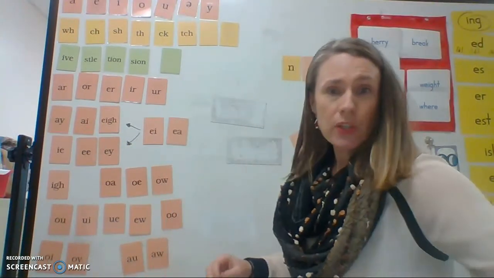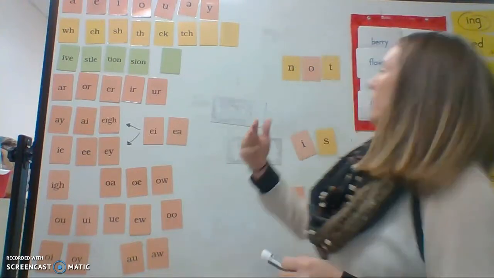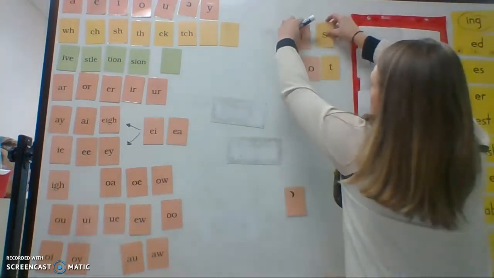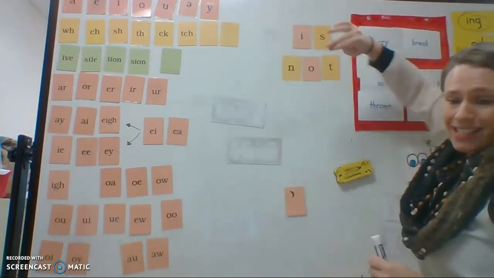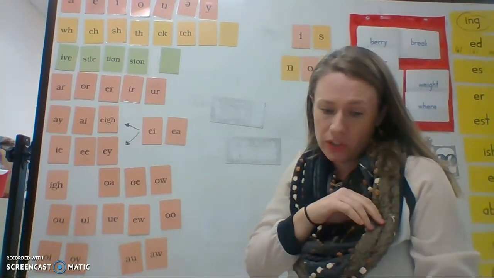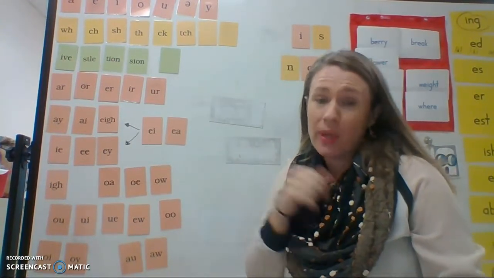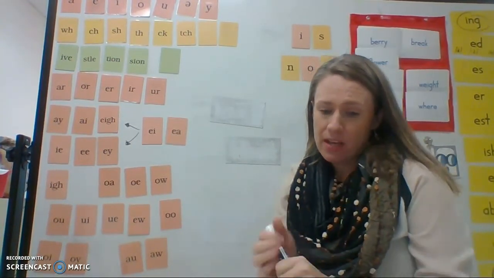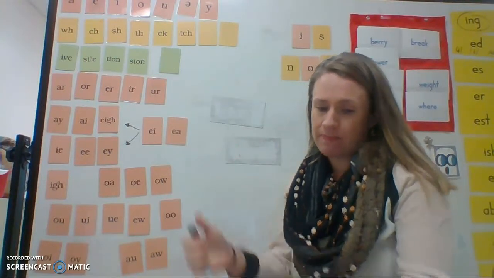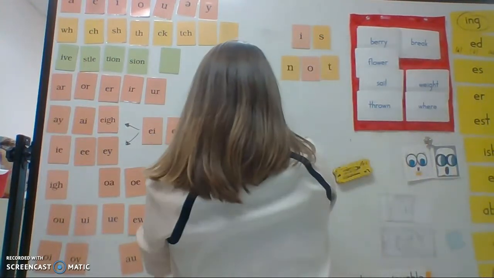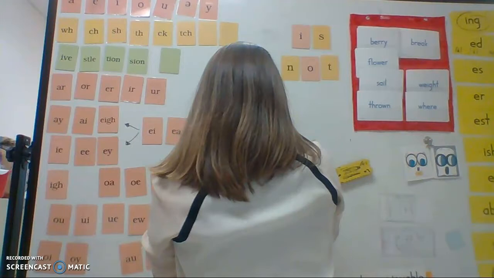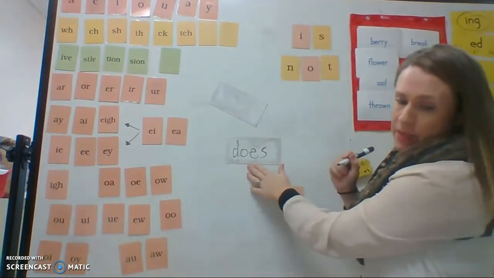So yesterday we learned about contractions and we talked about these two contractions, is and not. Today we're going to learn some others with not. Okay, so let's see here. Our base word or our first syllable word is going to be, what does this say?